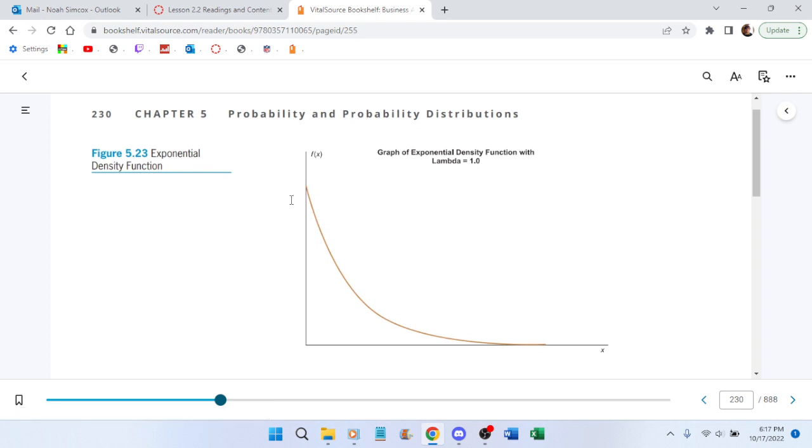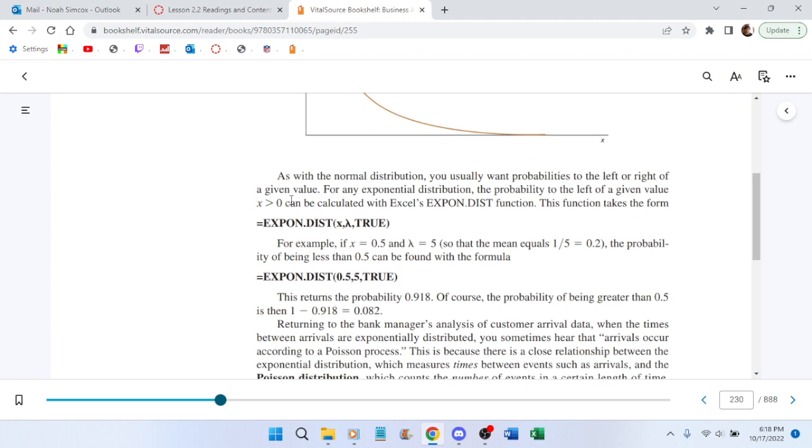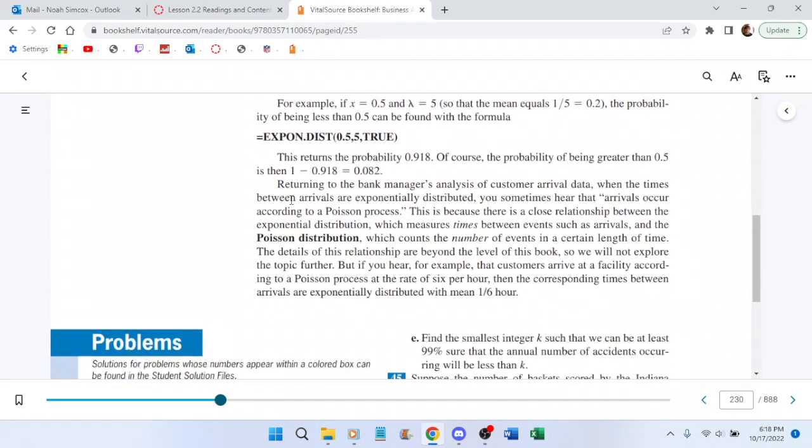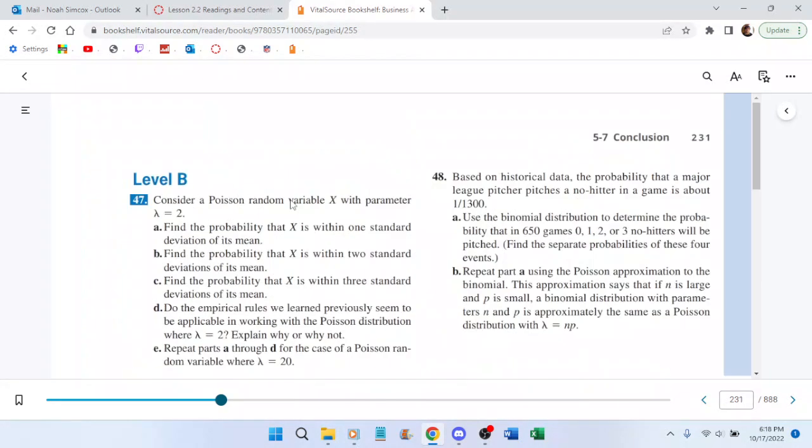Graph of exponential density function. And that's pretty much it.